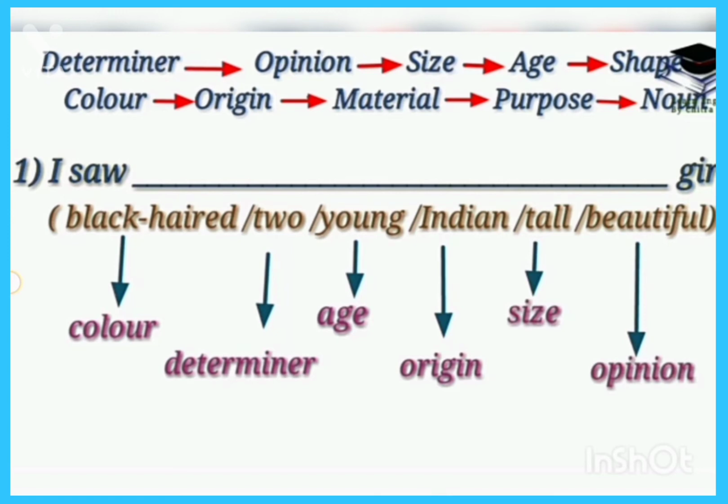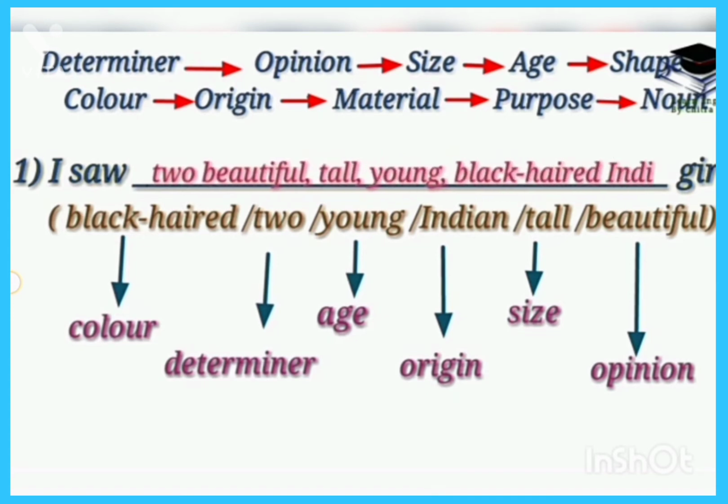Now we have to fix this in the sentence. First is determiners: I saw a beautiful, tall, young, black-haired Indian girl. So you can see this is the way you have to arrange.